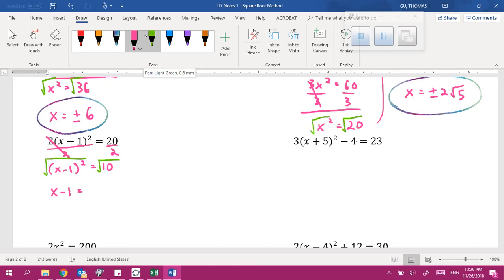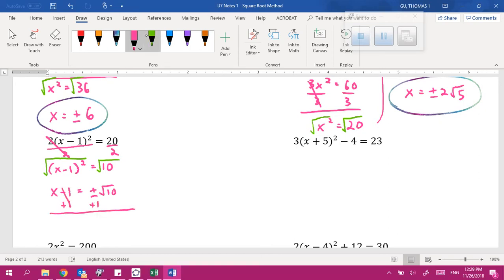square root of 10. But the square root of 10 is not going to break down anymore, right? So right away here, whenever I take the square root, it should be positive or negative. So we can just put positive or negative square root of 10. Is that the answer? Not yet, because we've got to get x by itself. So what do I need to do to get x by itself? Plus 1.